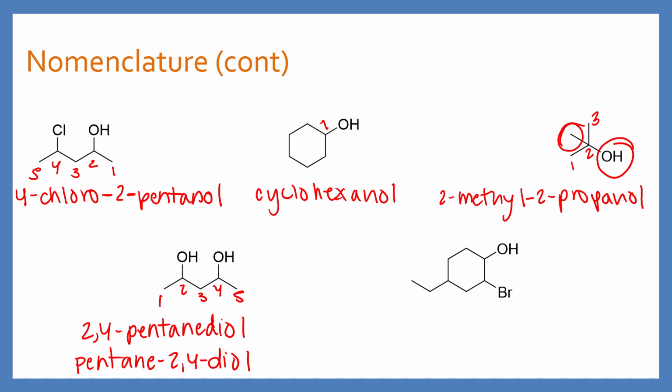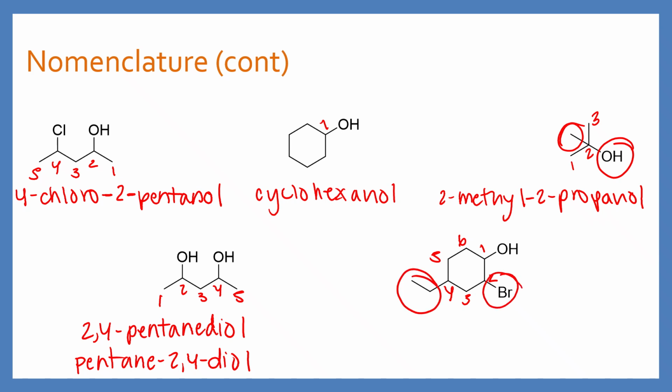On the next molecule, we have three substituents. Starting at the alcohol to give it priority also happens to give us the lowest possible numbers if we continue in the clockwise direction. So we have two substituents other than the alcohol, so we need to provide their locants and alphabetize them.